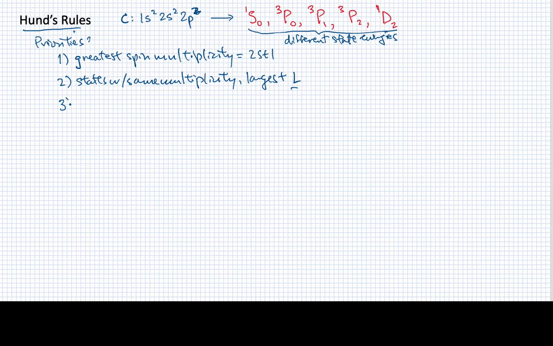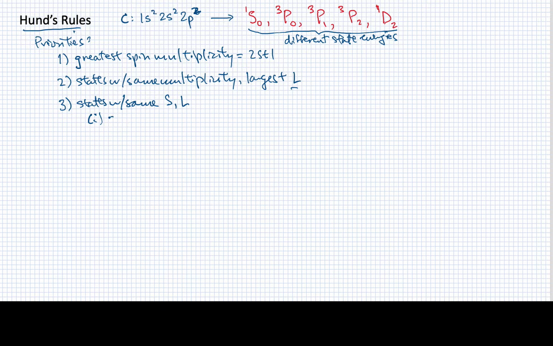If somehow you've managed to get this far and you have several different terms that have both the same multiplicity and the same L, then you would look for the state that has an extremum of the total angular momentum value. But that extremum will change depending upon whether your subshell is half full or not. So there's two cases here.